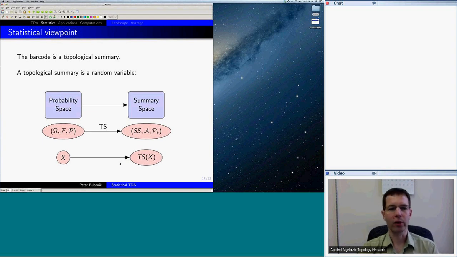And I maybe start a little bit earlier than the raw data and think of the data coming from some underlying probability space, and the barcode is a function from that underlying probability space into our set of barcodes, and we can put a sigma algebra on this set, with the probability measure being pushed forward into this space of barcodes. I've written summary instead of barcode because later we'll look at different summaries than the barcode.